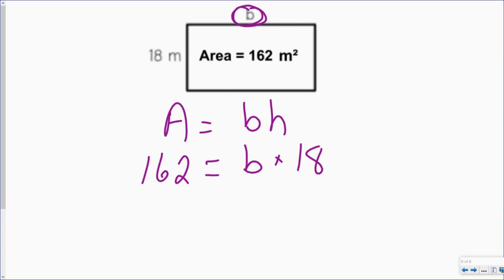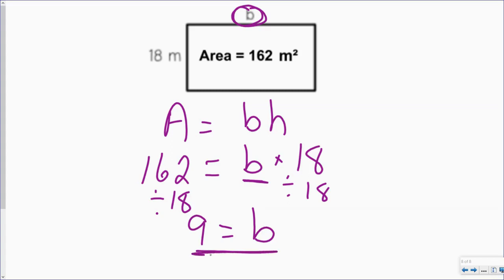So now I need to figure out what this B is. To do that, I need to do the inverse. So I would divide by 18 on both sides, and when I take 162 divided by 18, I come up with 9, and that is equal to B.